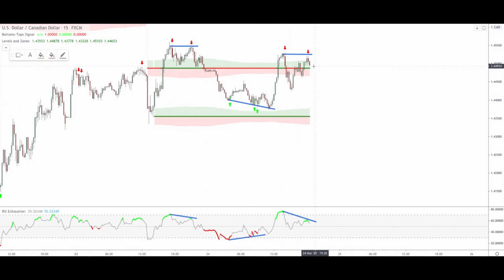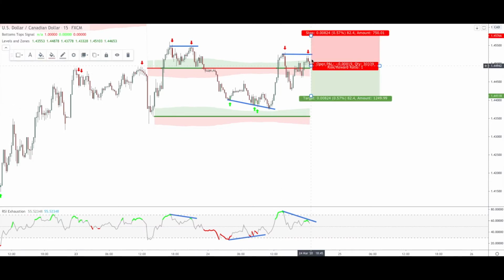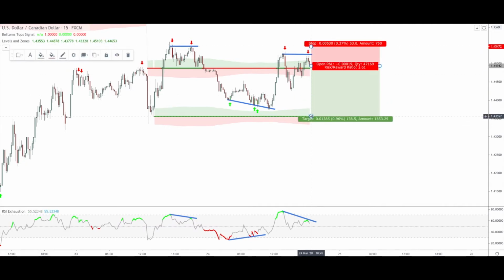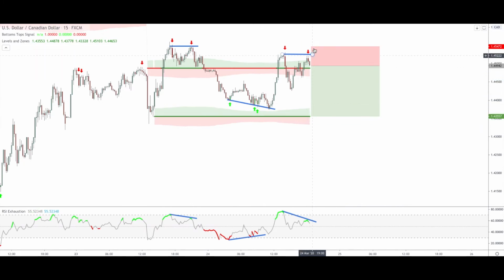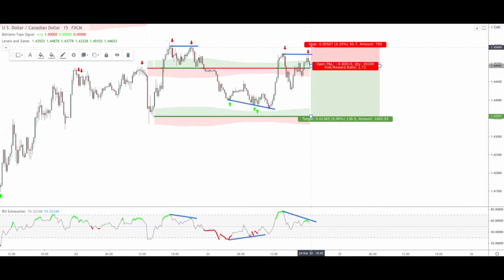The order is going to look like this. Regarding the stop loss, let's first set the target, which is going to be down here, as I said before. Okay, so the target is going to be down here, and the stop loss, I guess that here it might work.